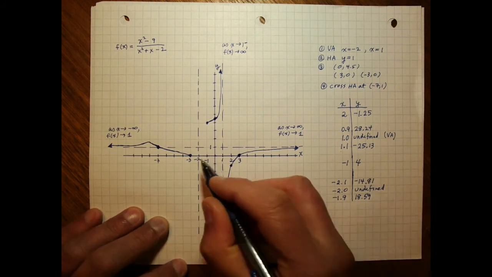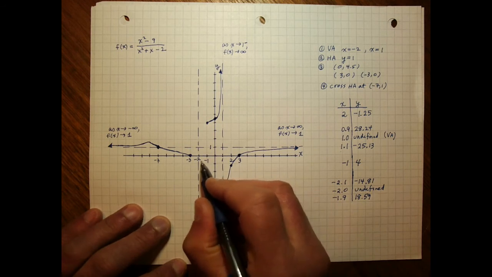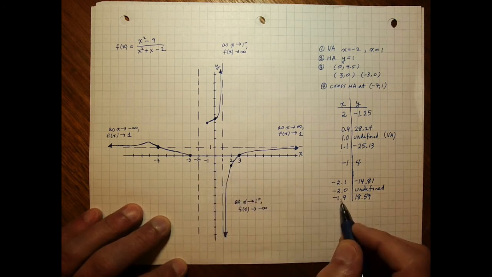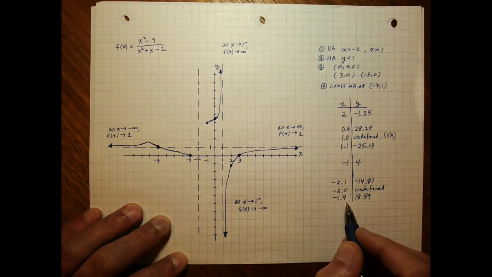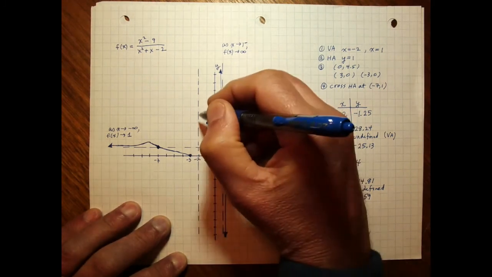So let's see now. Between -1 and -2 is the -1.9 value, just to the right of -2. So at -1.9, I have a large y value.